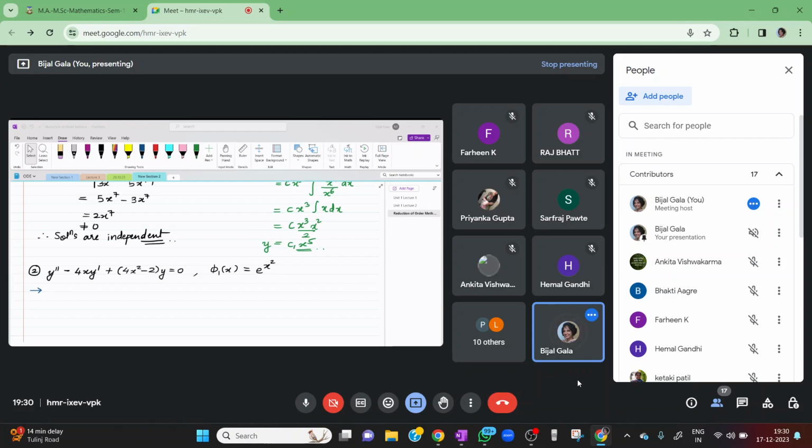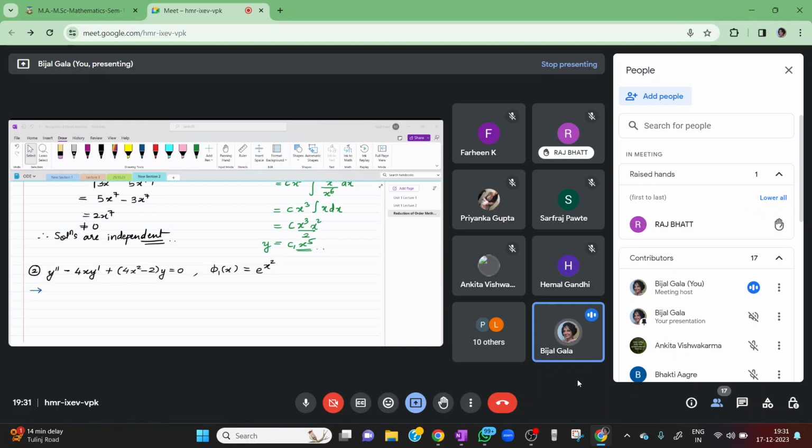Thumbs up करो. Okay, Ankita has completed. Nisha, okay, good. Raj has completed. What about other people? चलो solution discuss करें.